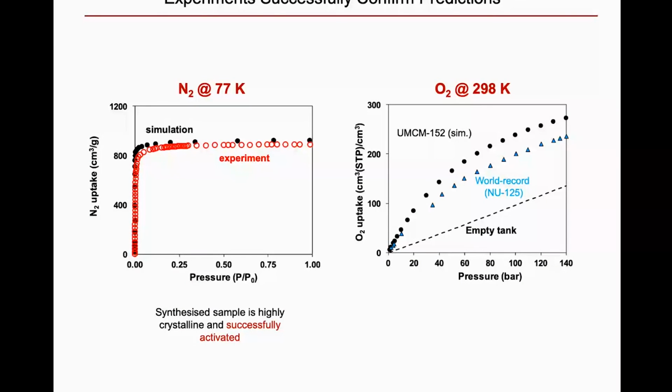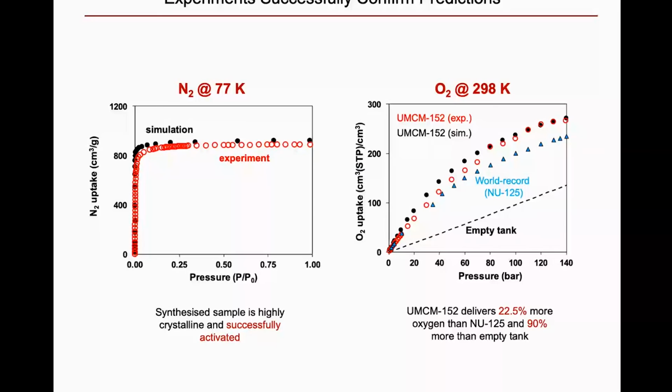And this is what they measured. As you can see, we have again a great agreement between simulations and experiments, especially at low loading and high pressures. And basically this material that we identified delivers 22% more oxygen than the previous best known material, NU-125, and around 90% more than an empty tank.